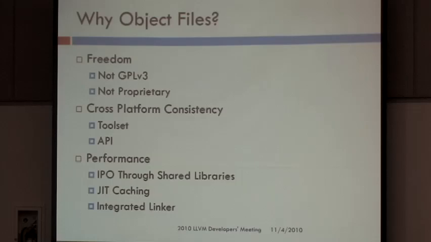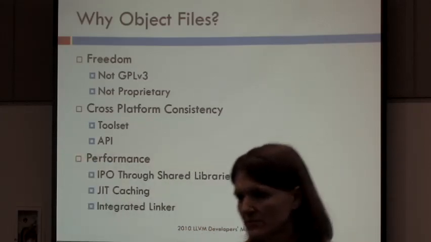Currently, if you wanted to have your program, for example, cache the output of a JIT in an object file, you'd have to write a different version for every format and platform, because platforms do different things with object files.